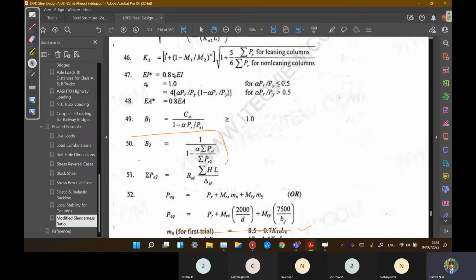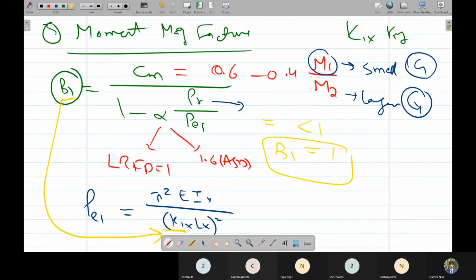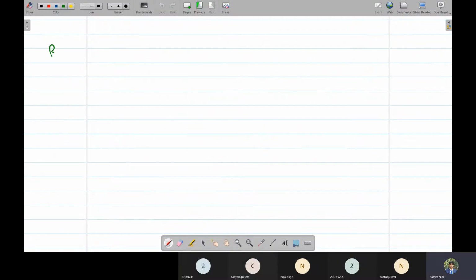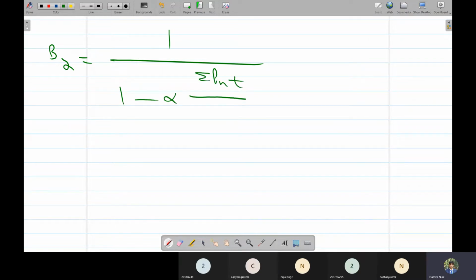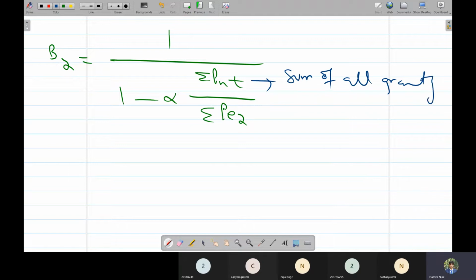Second is B2. B2 is 1 over 1 minus alpha times P and T over PE2. P and T is the sum of all gravity loads. Why gravity? Because it is written as Pnt, and nt means no translation.